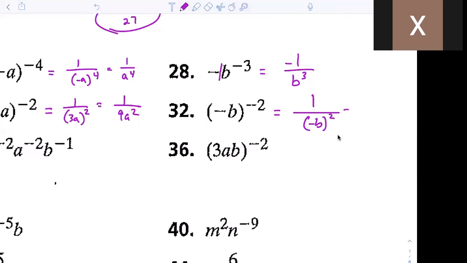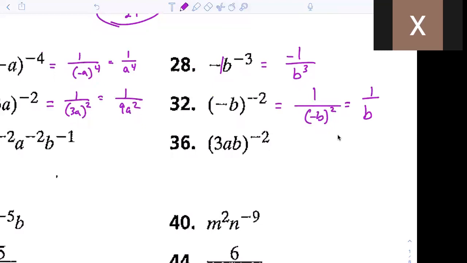Wait, we're not done though. Max, I'm not done. Negative to the 2nd power is what? It's either positive or negative. Positive. Thank you. So the answer is 1 over b squared.